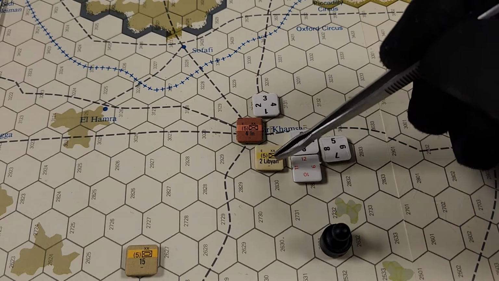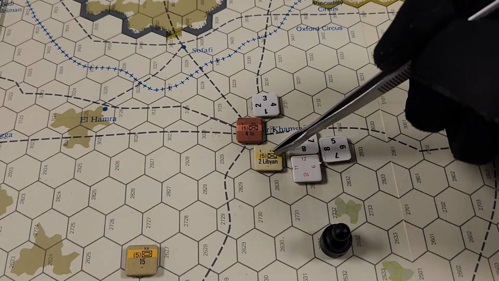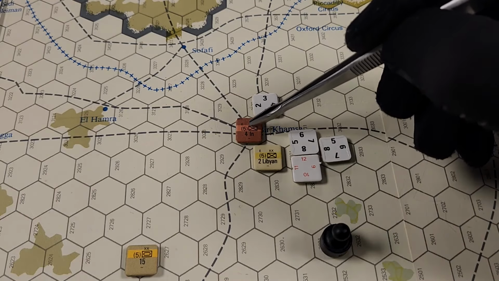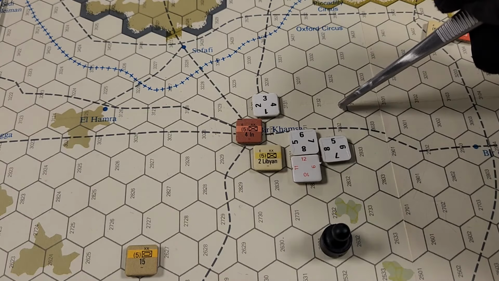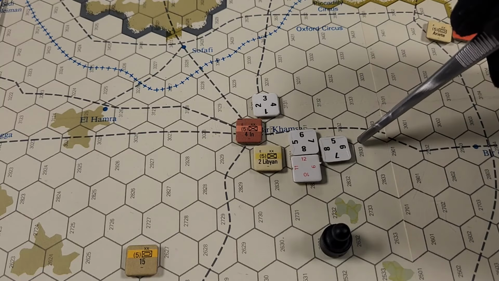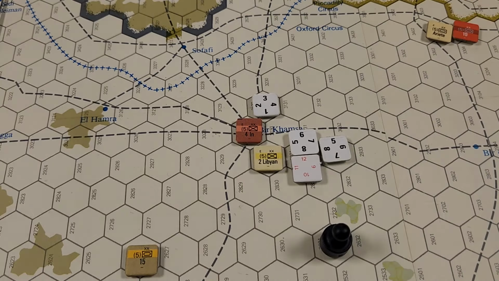All right, so let's start with artillery. Artillery is going to fire at all of their infantry units. They will fire back at our infantry units. So let's look at this. All right, we'll start with the Italians. It's simultaneous, so it doesn't really matter. So the Italians will do 63 and 24.